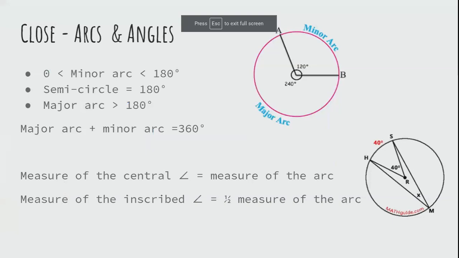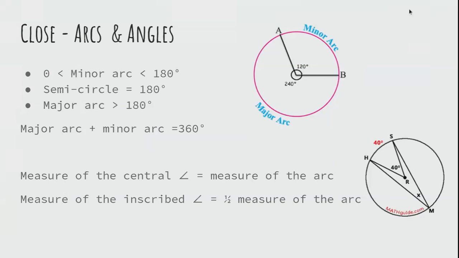So 0 is less than the measure of the minor arc, which is less than 180 degrees. A semicircle equals 180 degrees. It is half of the circle. And a major arc is greater than 180 degrees. Remember, the measure of the major arc plus the minor arc is going to equal 360. It's going to give you the whole circle.